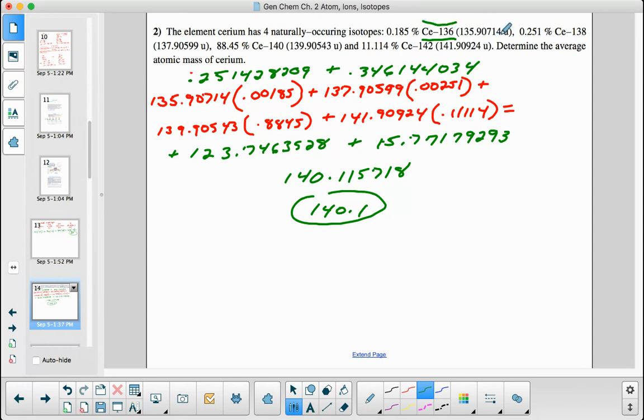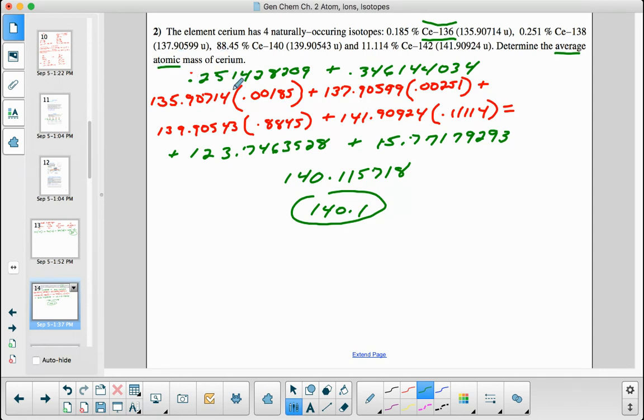Its actual atomic mass would be this, given here, out to many significant digits. And then the second isotope is here, cerium-138, but that's the specific mass value. And then there's the third one, specific mass value. There's the fourth one. How do I determine the average atomic mass of cerium?